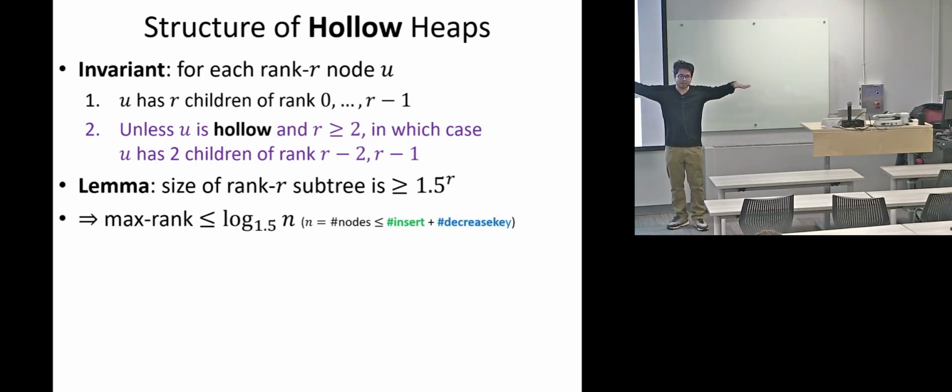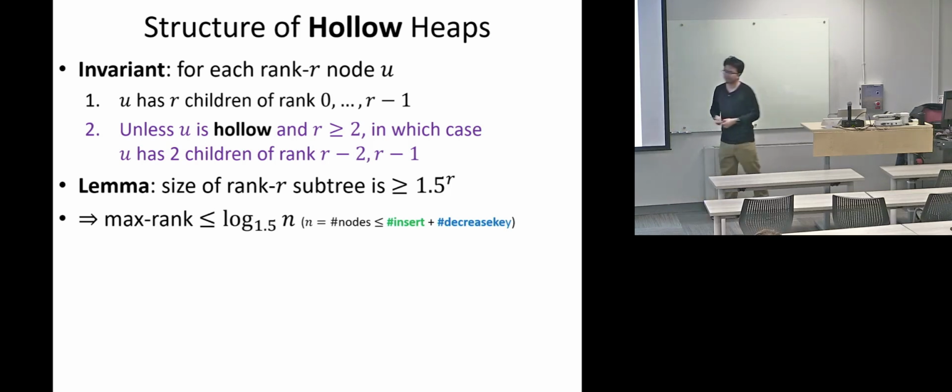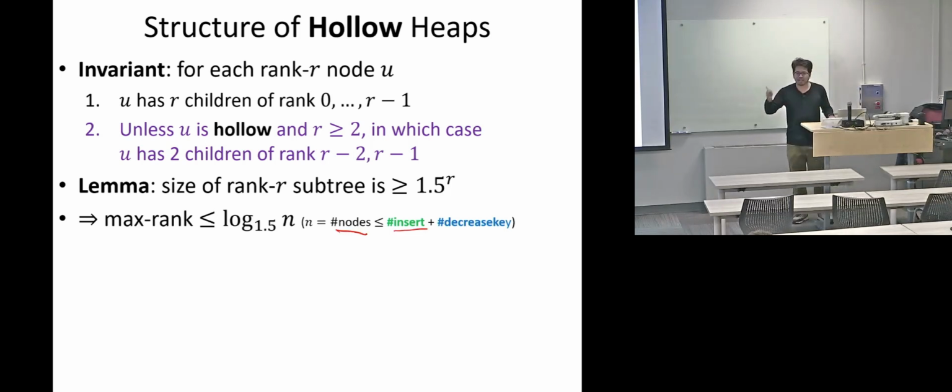The maximum number of children is also log n with base 1.5. So it's a bit more than log n base 2, but within a constant factor. And n here is the number of nodes, which is not quite the number of items, because we create some hollow nodes, but it's going to be bounded by the number of insertions and decrease keys. That's the number of nodes.